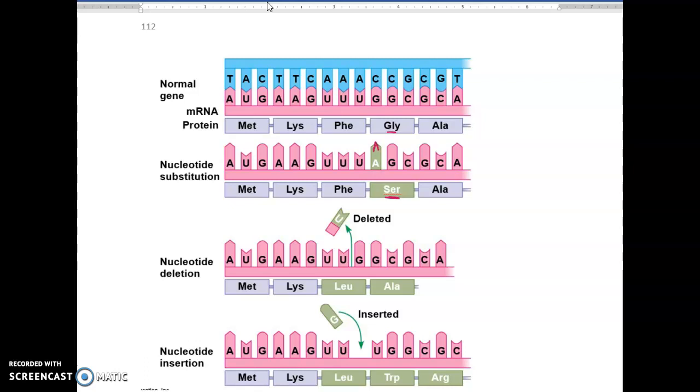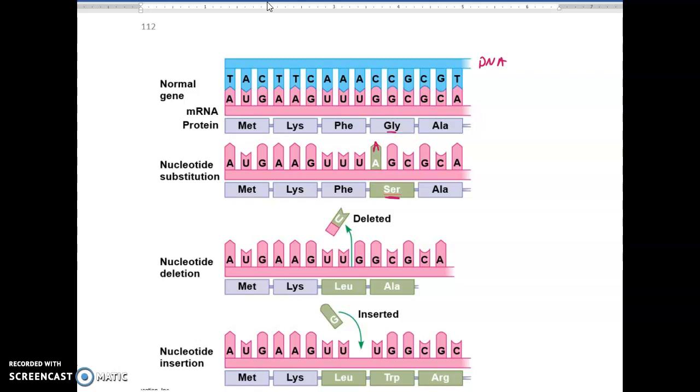We can have a nucleotide deleted. So if this is our DNA sequence for a normal gene, and one of our nucleotides is omitted, then you get a frameshift error.